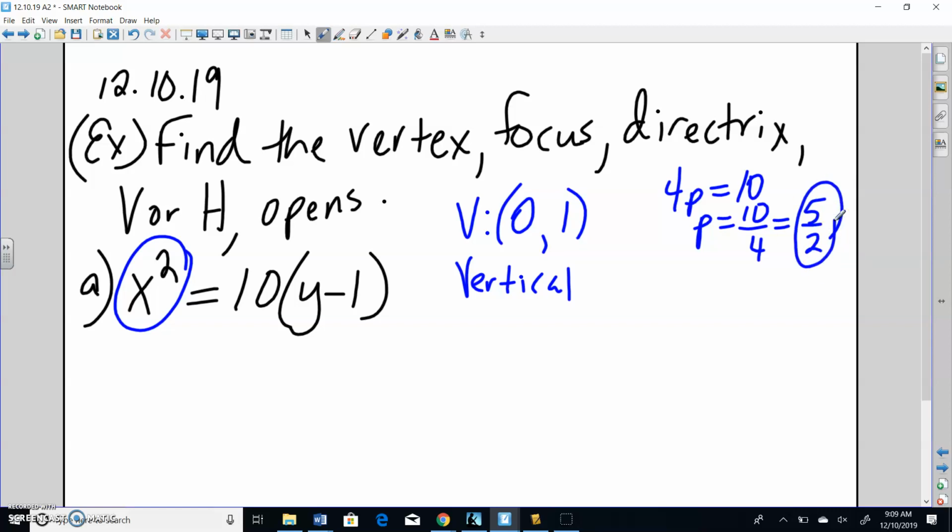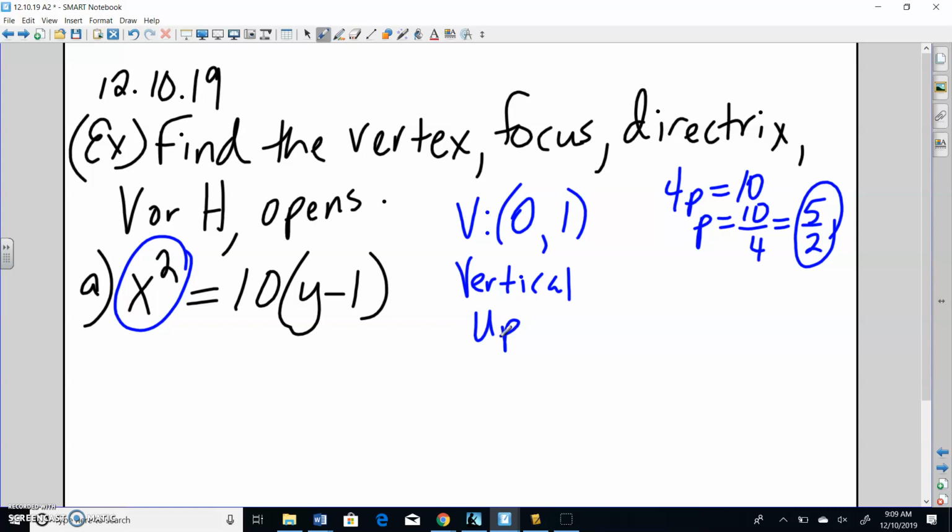If it's positive, it opens up. If it's negative, it opens down. In this case, P is positive, so it opens down. I mean up. It opens up. Good catch. I did that on purpose. Okay.